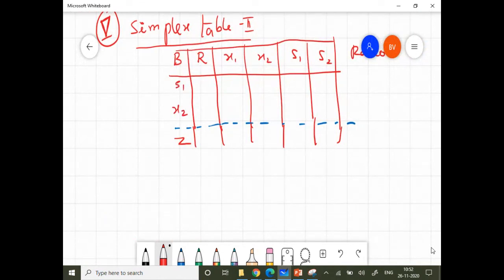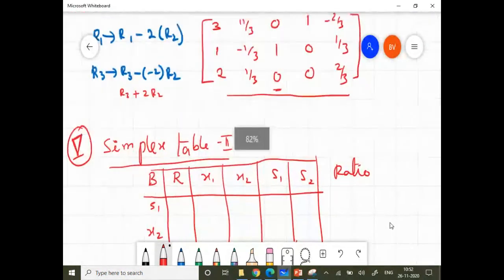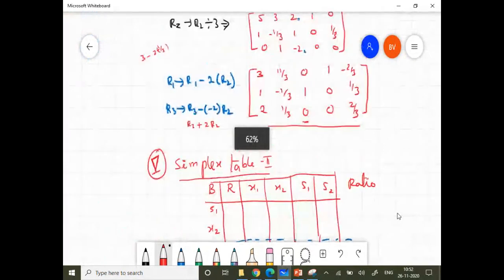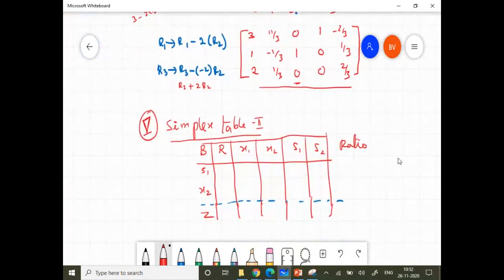Now this remaining part should be filled by using this matrix. Just write the matrix here: 3, 1, 2; 11 over 3, negative 1 over 3, 1 over 3; 0, 1, 0; 1, 0, 0; negative 2 over 3, 1 over 3, 2 over 3. We filled it.